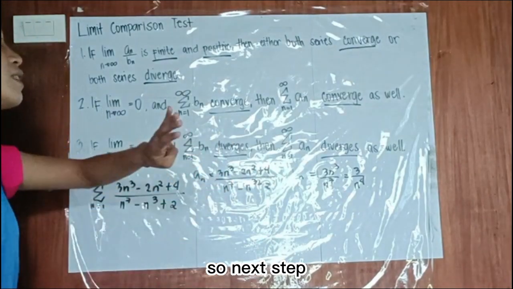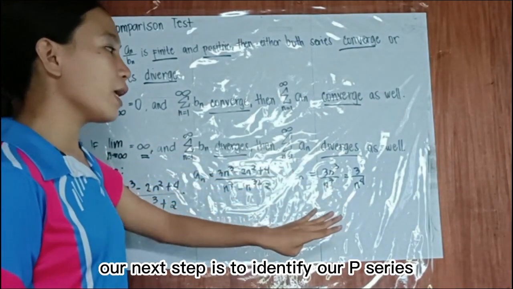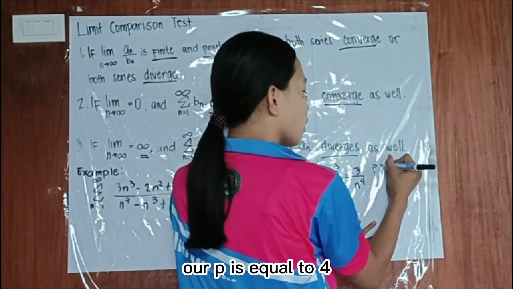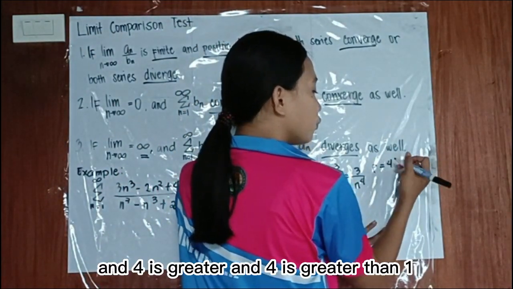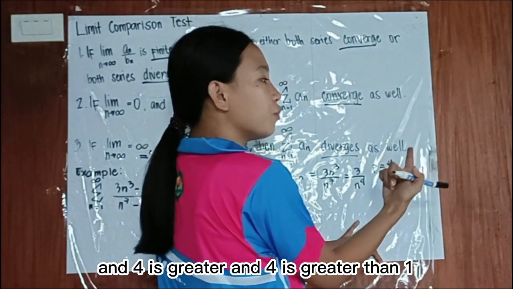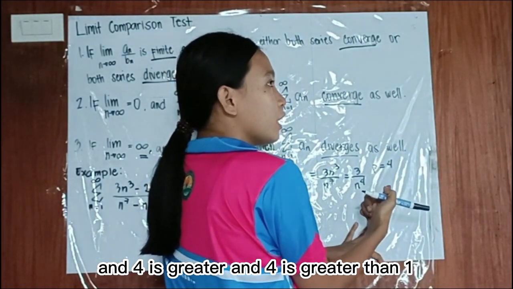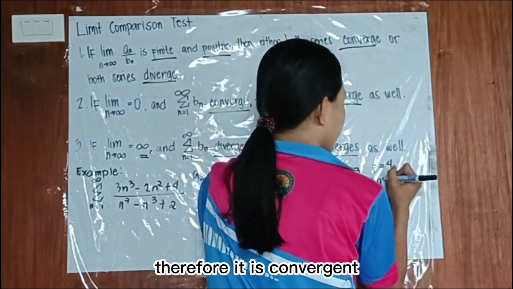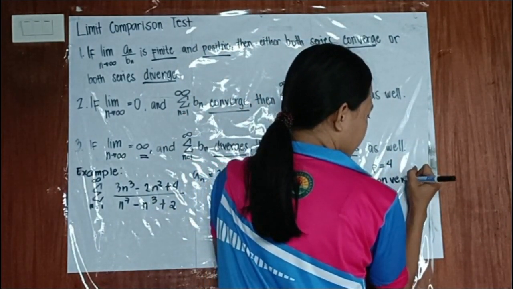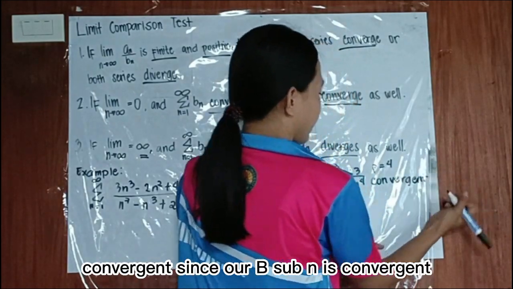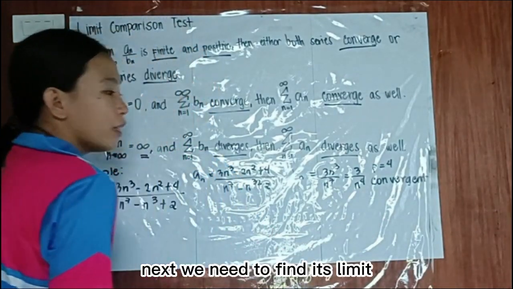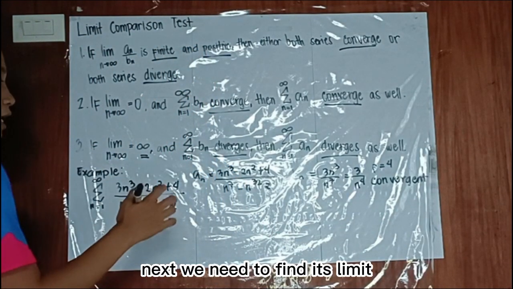So, our next step is to identify our p series. Our p is equal to 4, and 4 is greater than 1. Therefore, it is convergent. Since our b sub n is convergent, next, we need to find its limit.